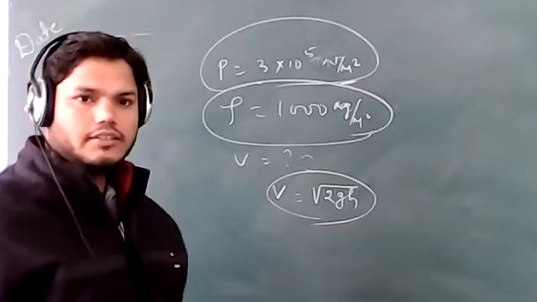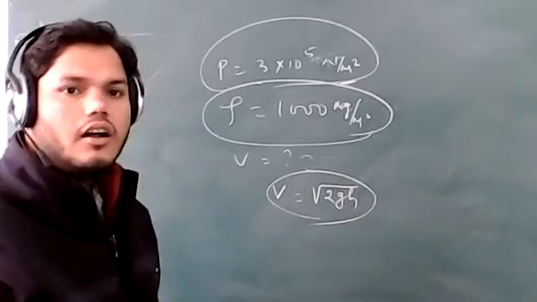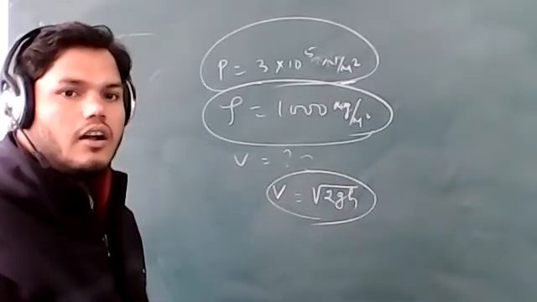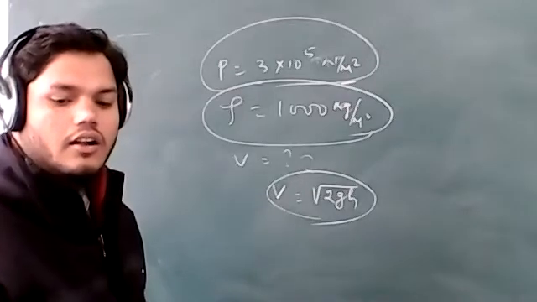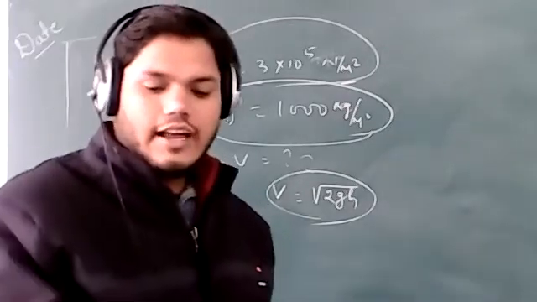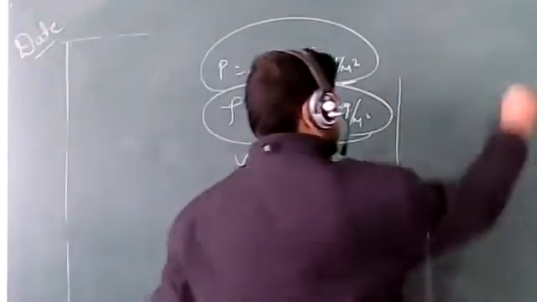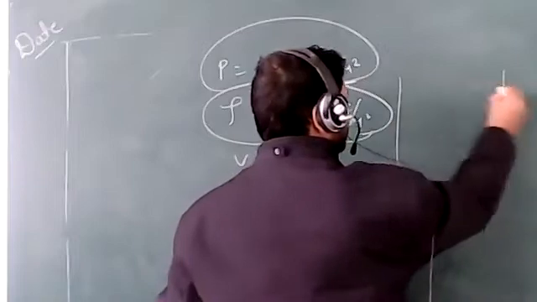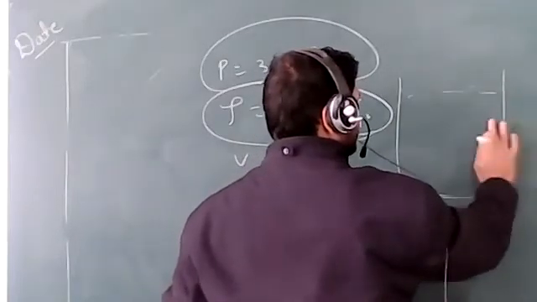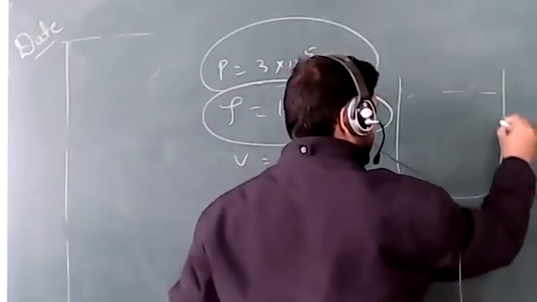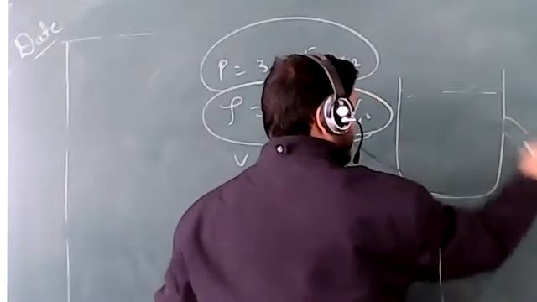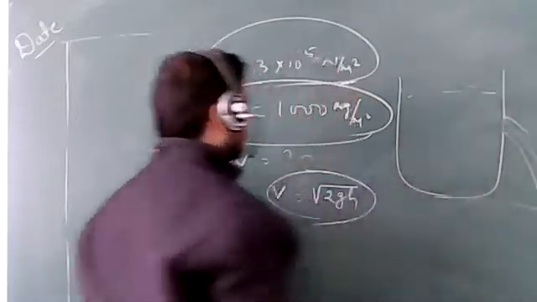Yes, Suvarna, please explain the question once more. The question is asking at what velocity the water emerges. If it is a water tank, then one hole is here, and water emerges out from this hole.